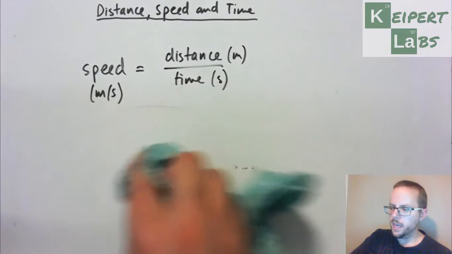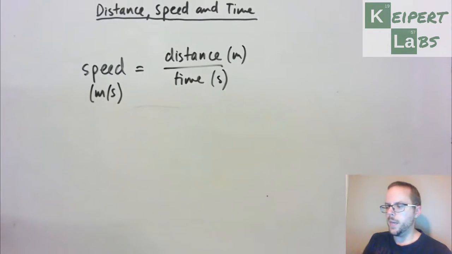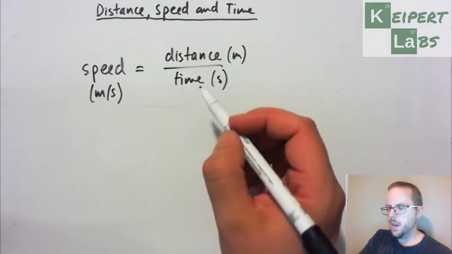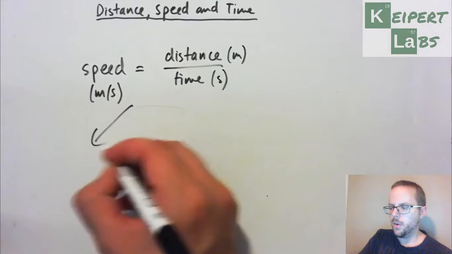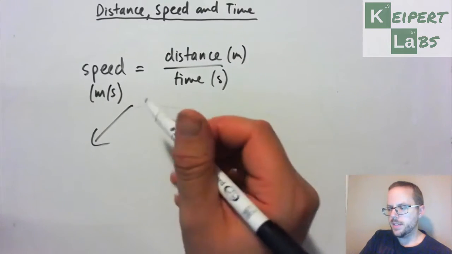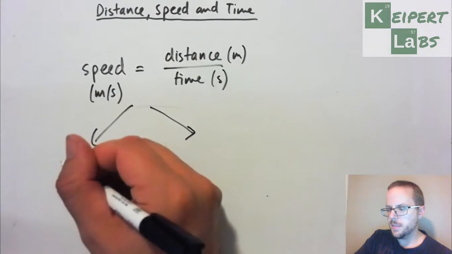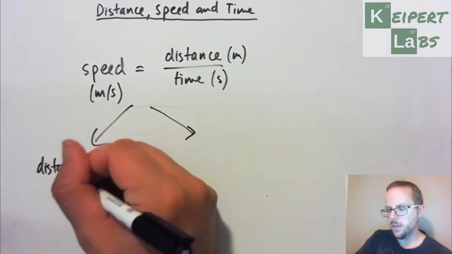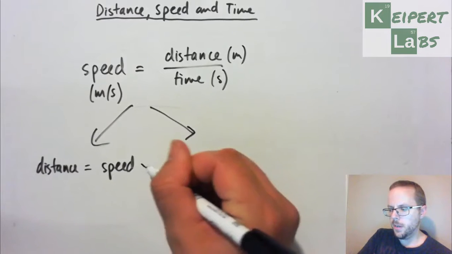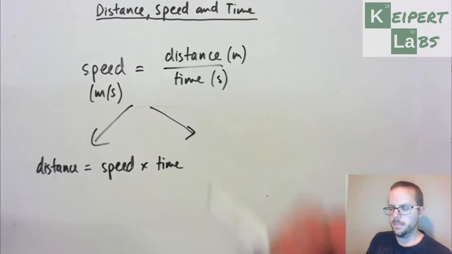So what we can then say is, we've got speed equals distance over time. I could then rearrange that into two other versions depending on what we might be trying to calculate. I want distance to be the subject: distance equals speed multiplied by time.